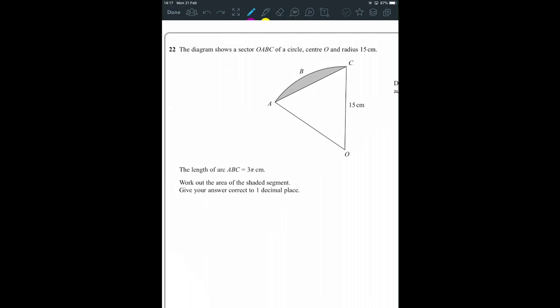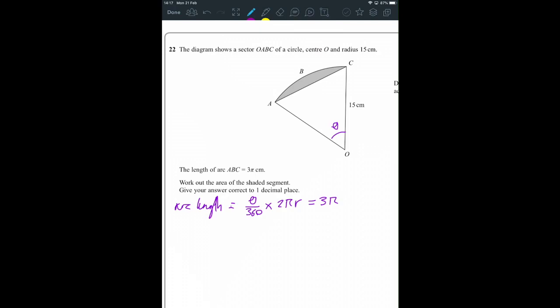Both of those require the angle first. So we need to undo the length of the arc to find the angle. Well, if we recall our arc length formula, is that angle over 360 times the entire circumference, which is 2 pi r or pi d, but we've been told that's 3 pi.